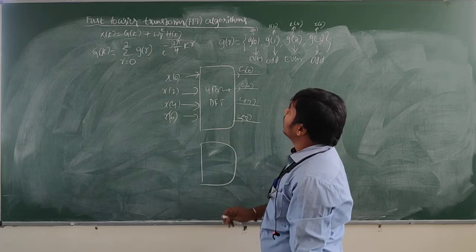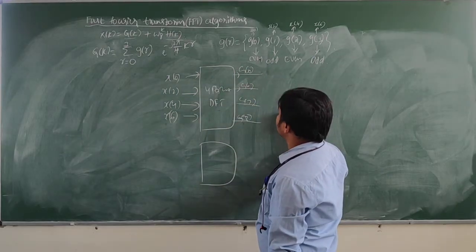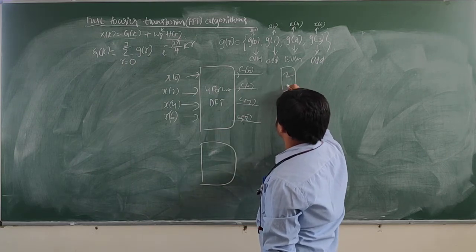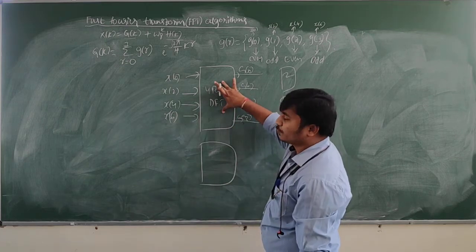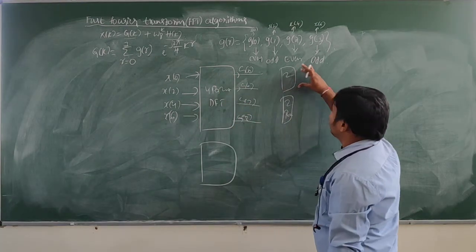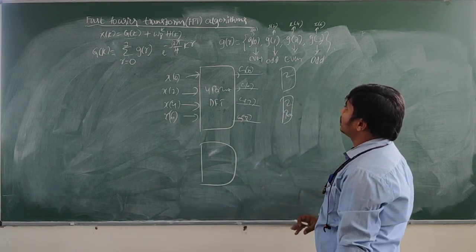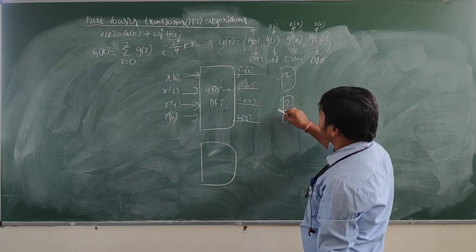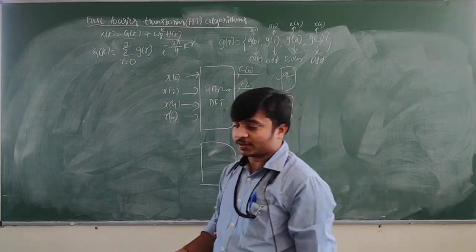This 4-point DFT will be split into two sequences, which become 2-point DFTs. The input for one is even and the input for the other is odd. So we shall write the equations for that.